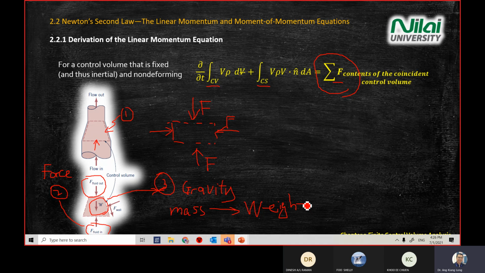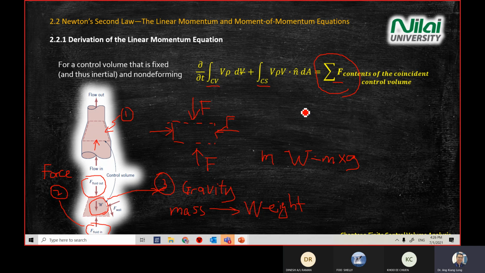So for this module, be careful when you look at mass and W. They are different entities or parameters when you define them in your answer. If you want to calculate weight, normally we take the mass times gravitational acceleration.